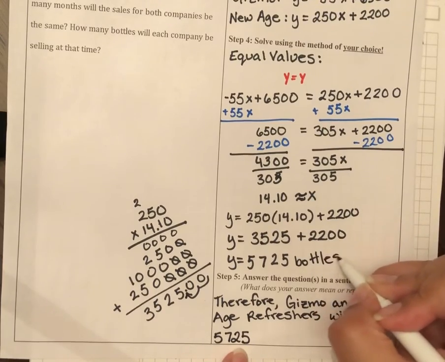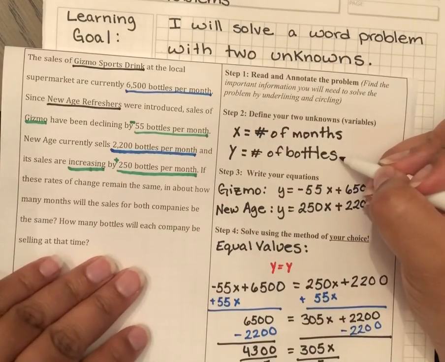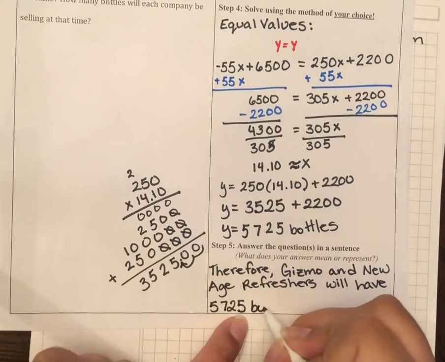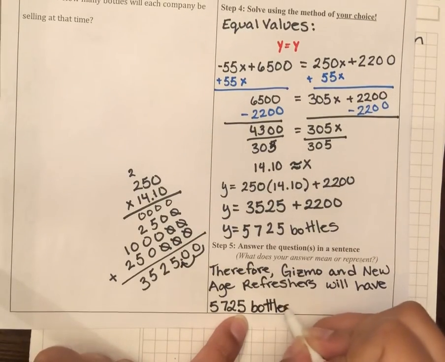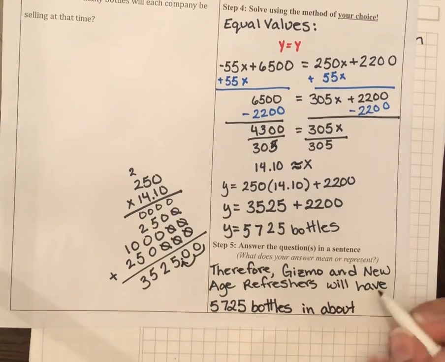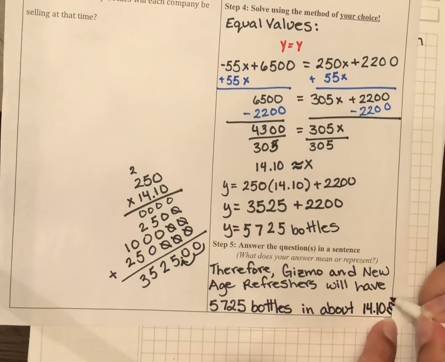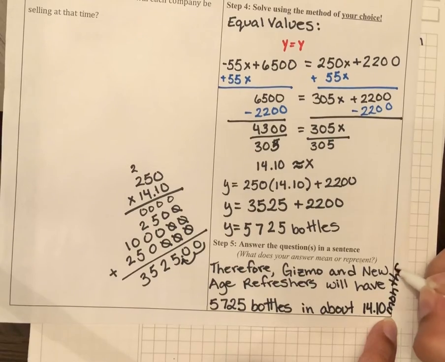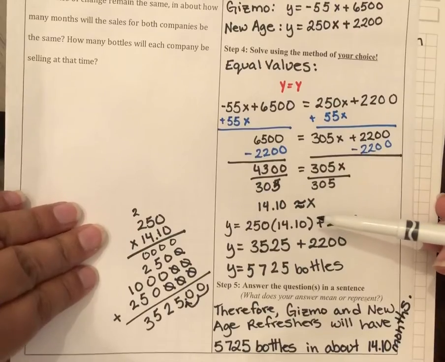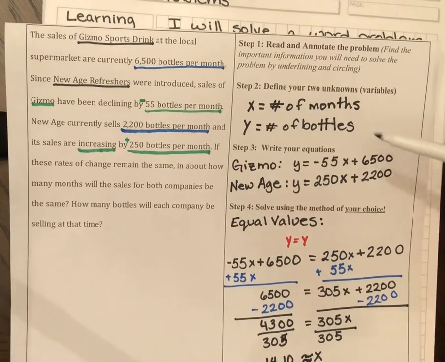And I know it's bottles because I said earlier up here that Y was going to be bottles. So my Y is my bottles, in about 14.10 months. And 14.10 was my X value, so that's what I had defined earlier up here.